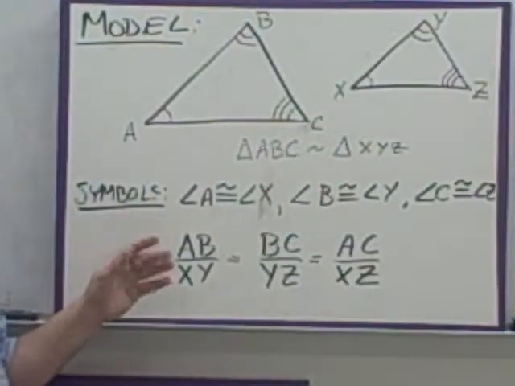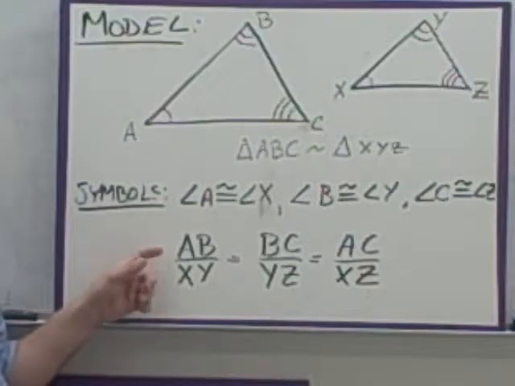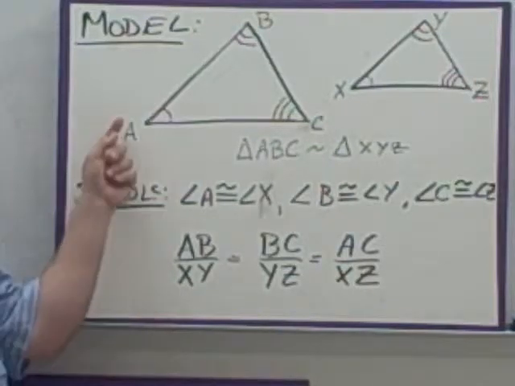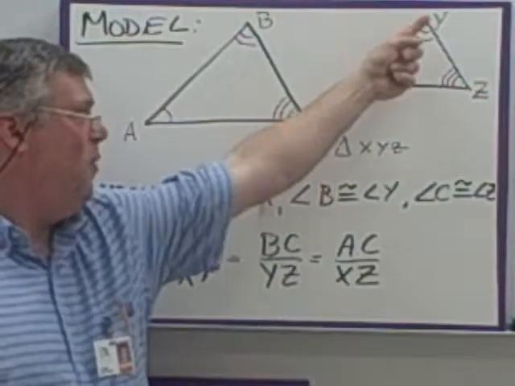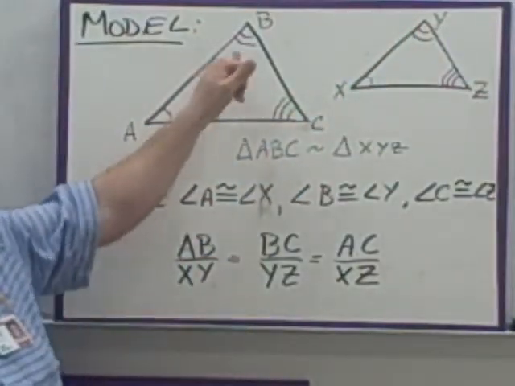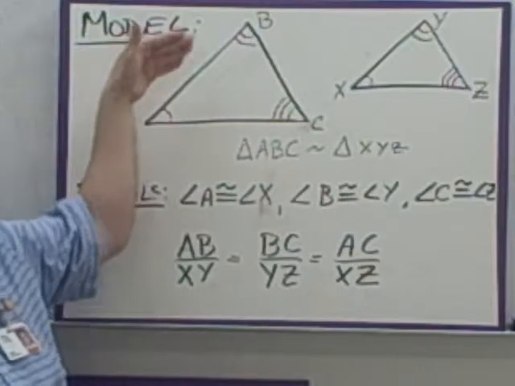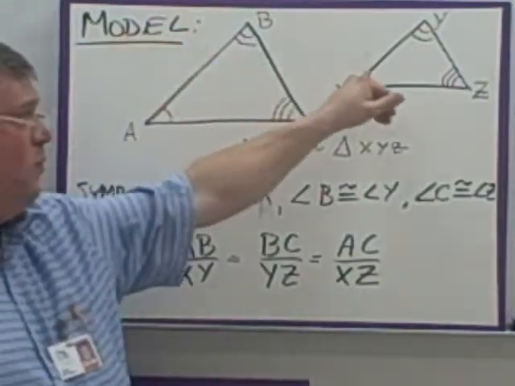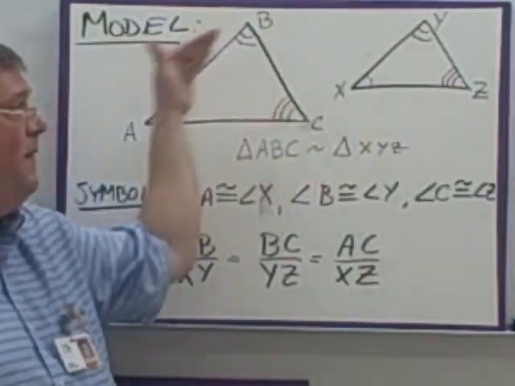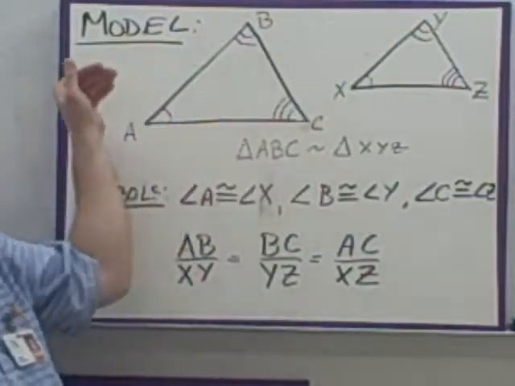And here's the big part. This is the proportional part. Side AB corresponds to side XY over here. This one has one arch and two arches. The 1 and 2 are connected to this line, and that makes them corresponding parts.